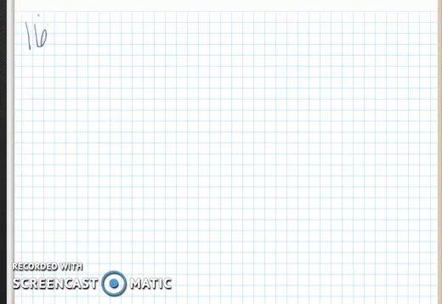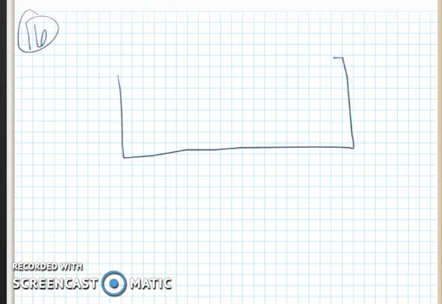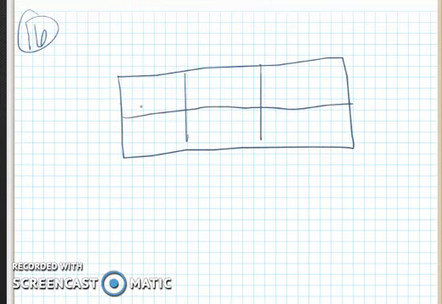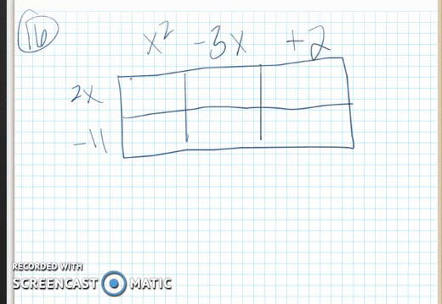Number 16. This one is going to require a 2 by 3 box. Where we're going to get 2x and negative 11. And up here we're going to get x squared, negative 3x, and plus 2. 2x times x squared is going to be 2x to the third. 2x times negative 3x is going to give me negative 6x squared, and then the last is going to give me 4x.